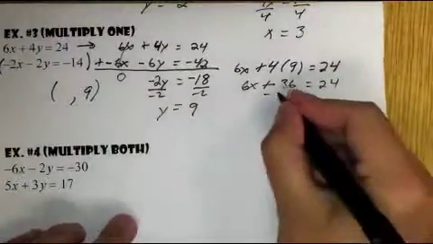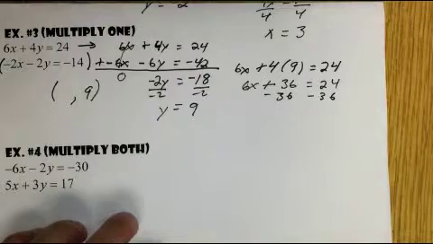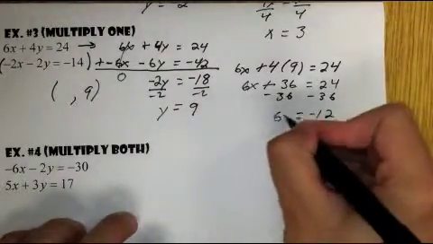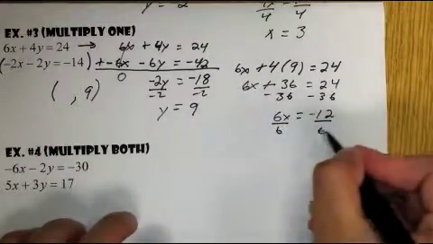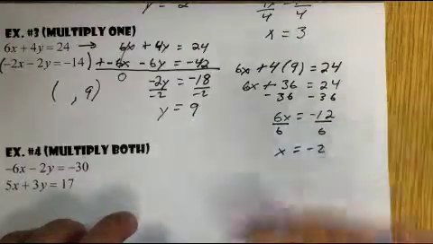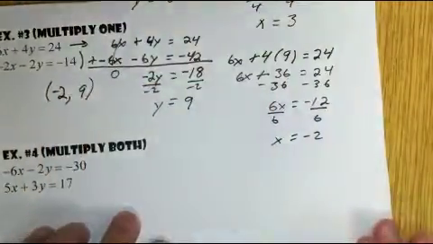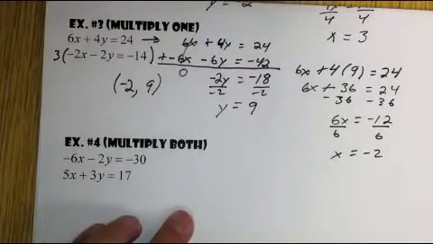Subtract 36. We get negative 12. What do we do now? Divide by 6. We get negative 2. Good. Are we done? Did we find our intersection point for the solution of the system of equations? We sure did. Negative 2 and 9.